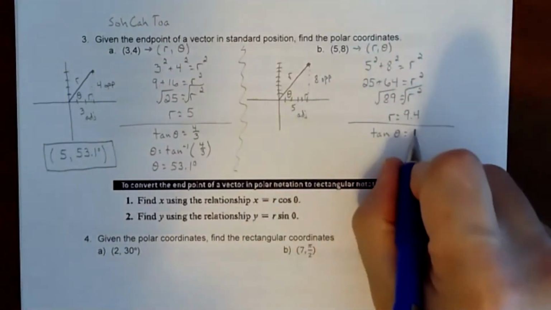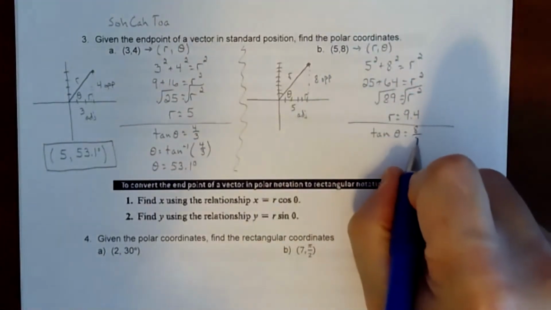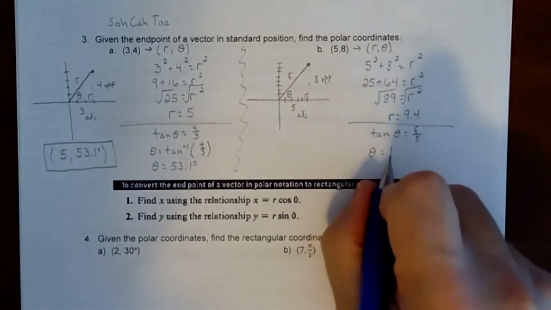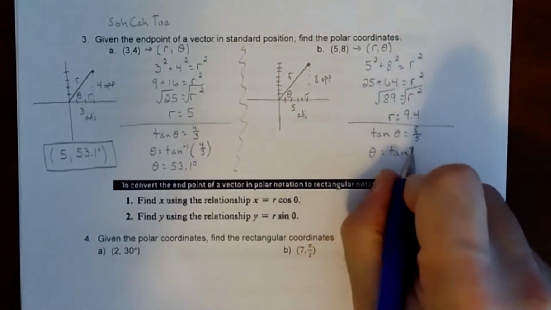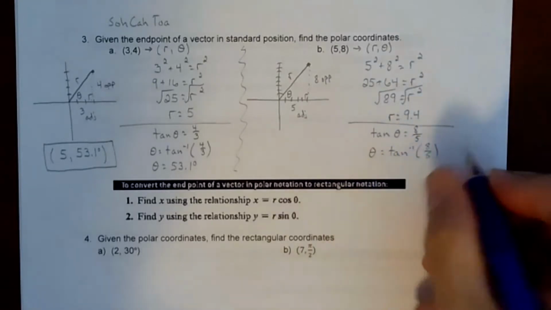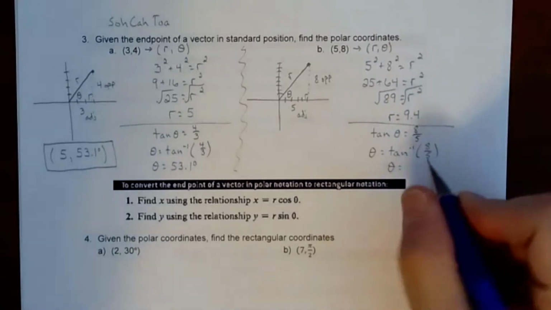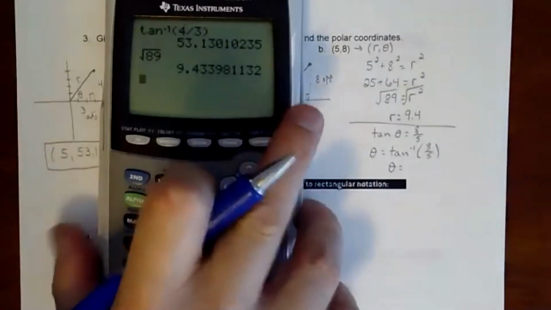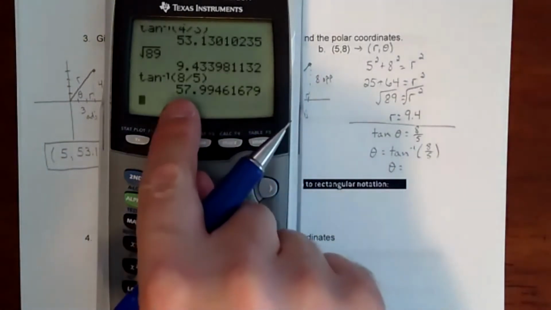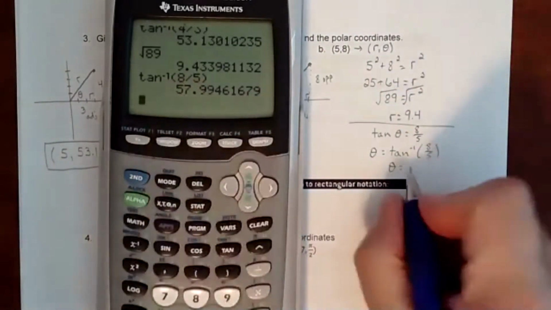So we got 8 over 5, opposite over adjacent. So to find an angle measurement, we're going to do the inverse of that. And I don't know, inverse tangent of 8 divided by 5. So we'll call that 58 degrees.